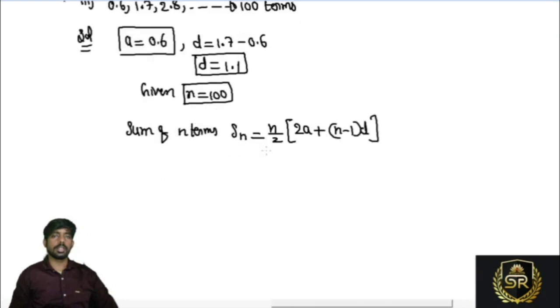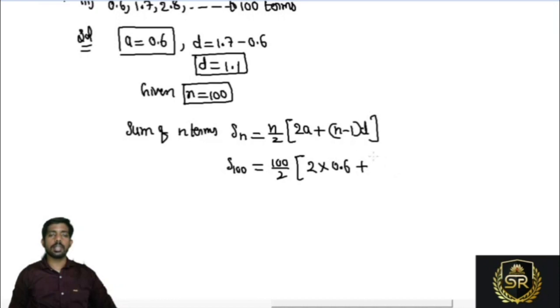So the sum of 100 terms is equal to 100 by 2 into 2 times 0.6 plus 100 minus 1 into the common difference 1.1.